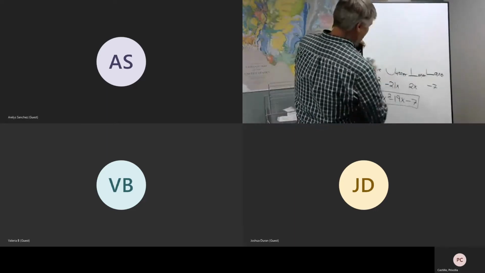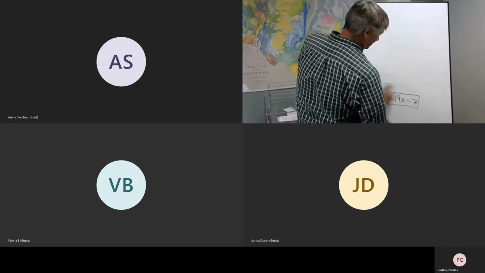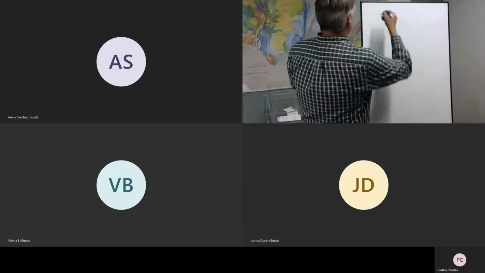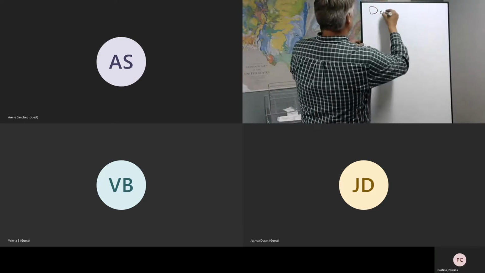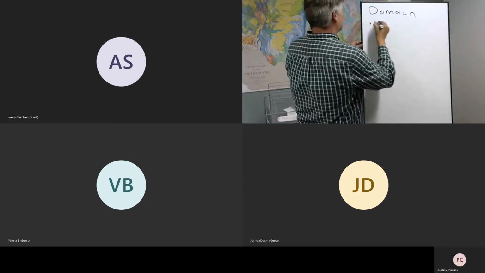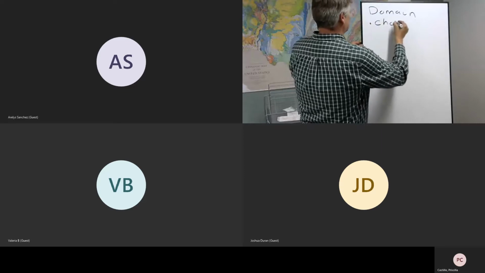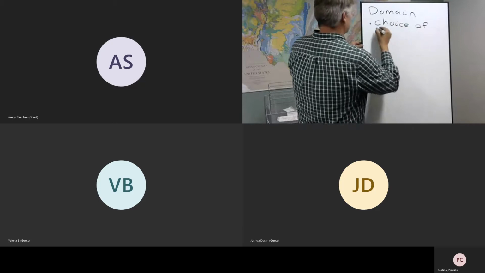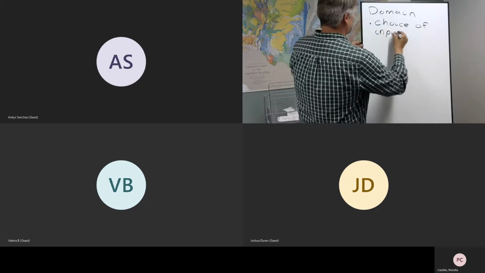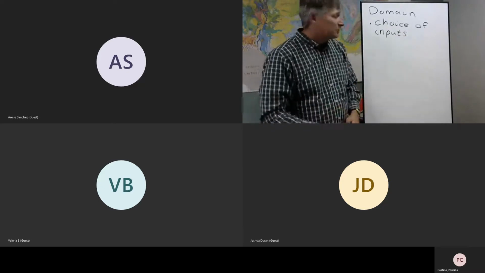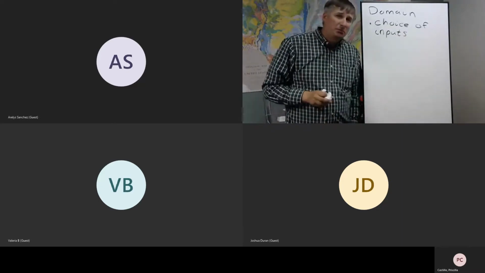Now, there's something else that comes up in this section. This is, I think, really neat. Domain. So domain is about the choice of inputs.